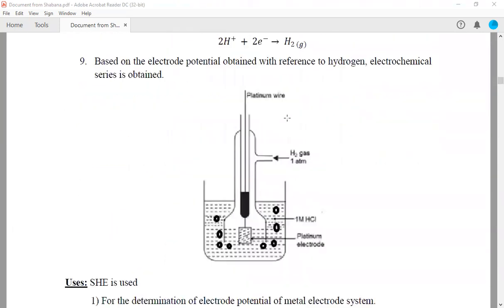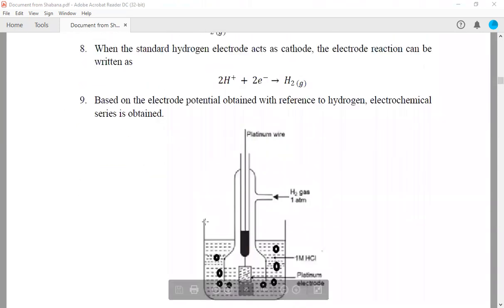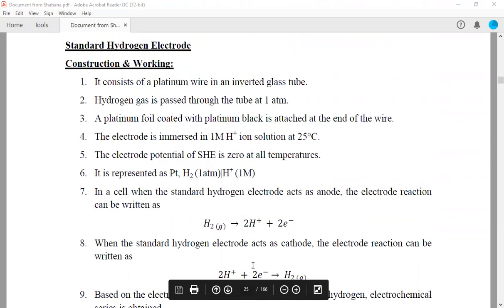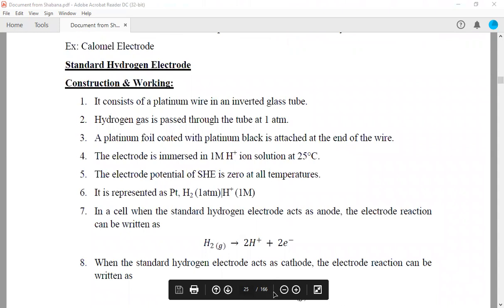See here, this is the standard hydrogen electrode diagram or apparatus, and this apparatus consists of a platinum wire in an inverted glass tube.